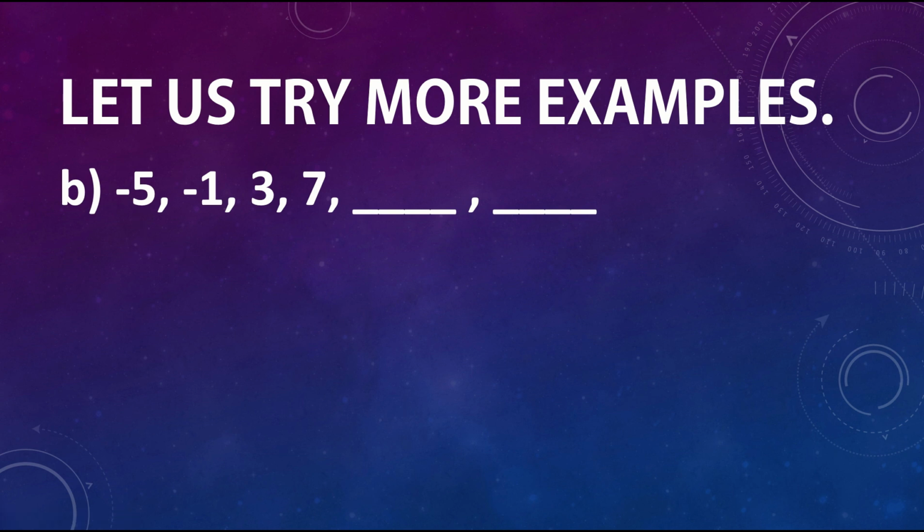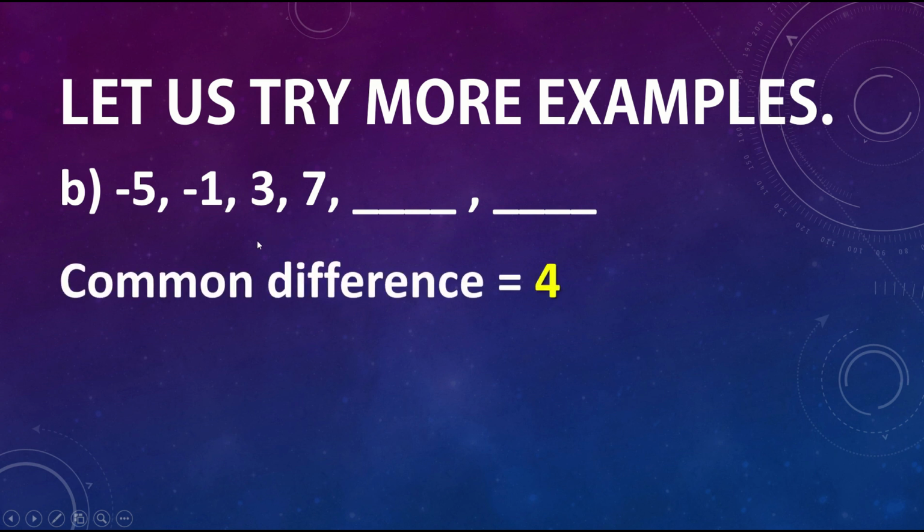You may use your calculators. -1 minus -5, so that is +4. 3 minus -1 is +4, and 7 minus 3 is also +4. So it is shown that the common difference is +4.